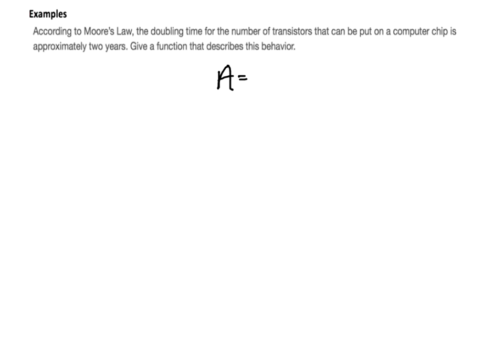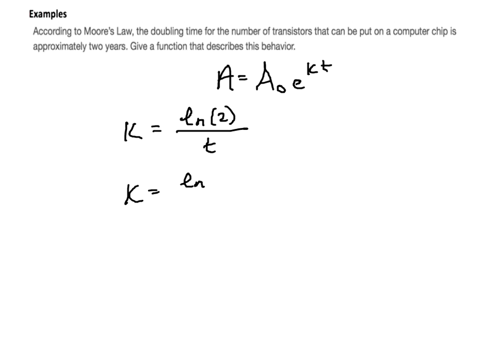Well, our function is going to come in the form of A equals A sub 0 e to the kt. So we just need to figure out what that constant is that I need to plug in there. For doubling time, k is equal to the ln of 2 divided by t. So in this case, k is equal to the ln of 2 divided by 2. And I've got my function. I'm ready to write it.